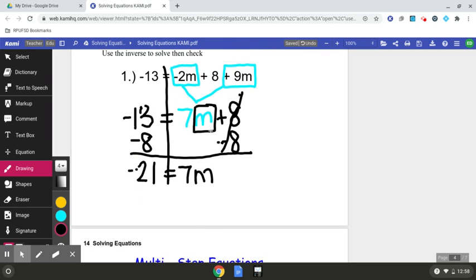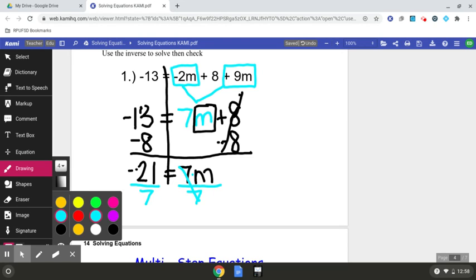Okay, and again, my goal is to get m alone. So I want to undo 7 times m. The opposite of timesing is dividing. So I'm going to end up with negative 21 divided by 7, which is negative 3 equals m.